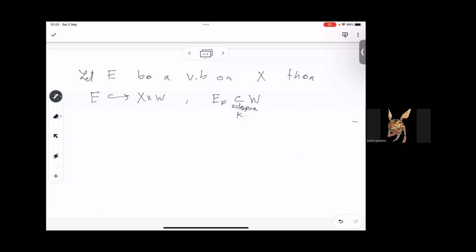So if this has rank K, then this is a K-dimensional subspace.